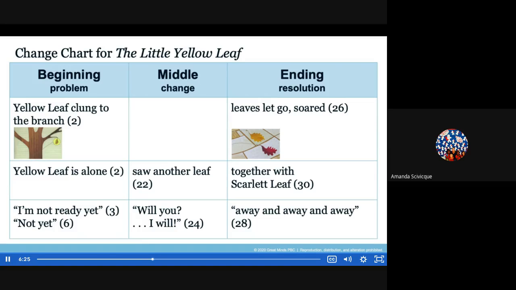The words will you and I will definitely signal a change. What helped the little yellow leaf to let go? Find that information on the chart and point to it.